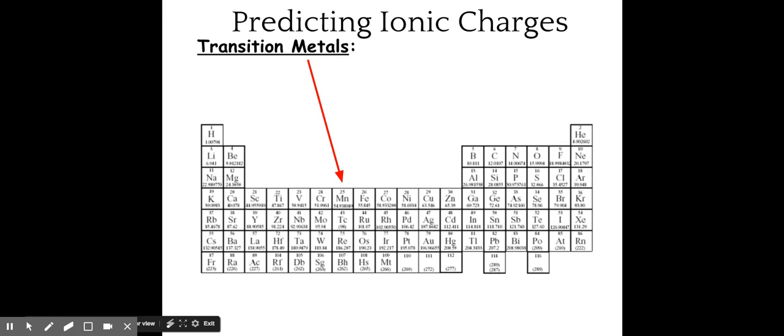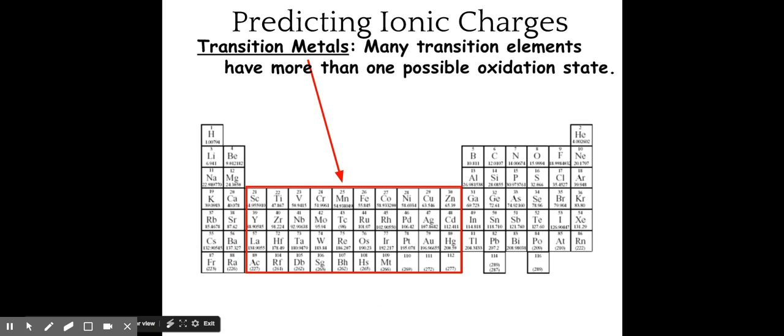Transition metals are rebels. They don't follow the rules. Transition metals have multiple oxidation numbers, okay? So they have more than one charge. So iron, take note, in order to determine whether we have iron 2 or iron 3, you will use Roman numerals. Transition metals are different from main group metals.